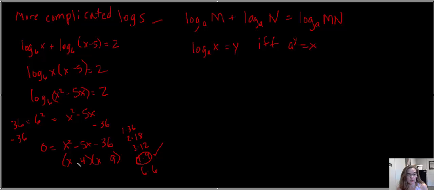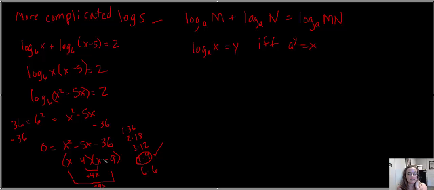If I look at my 4x here, that's the inside, and for the outside, I have a 9x. I don't know if you can see it with everything on the screen, but to get a negative 5, I'm going to have the 9x be negative and the 4x be positive.